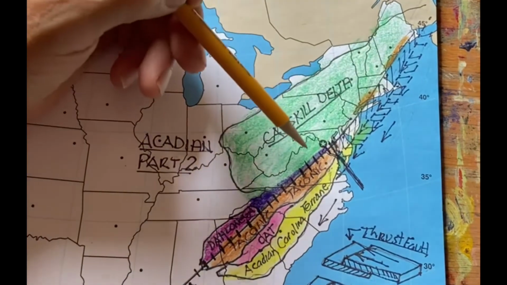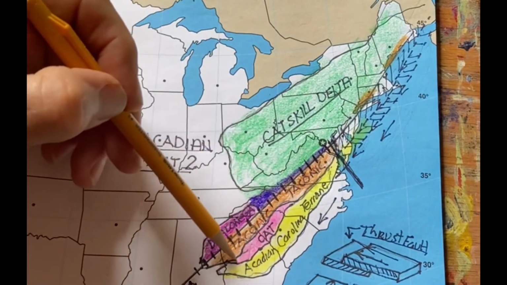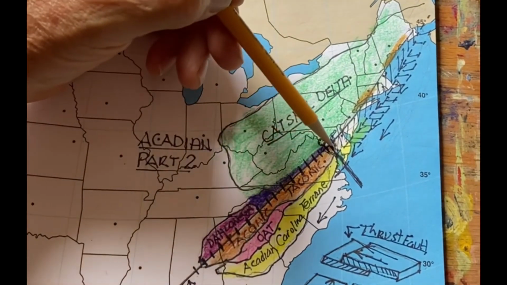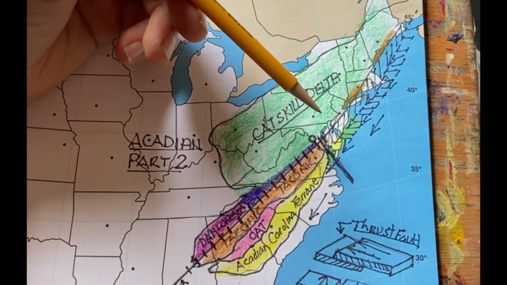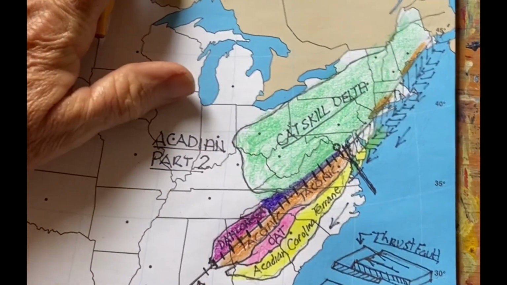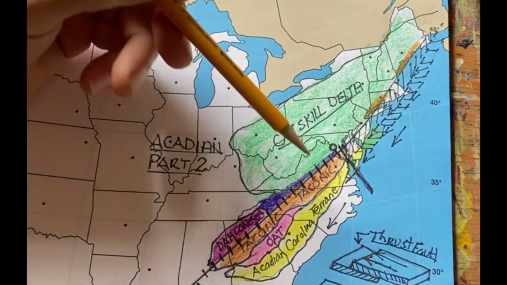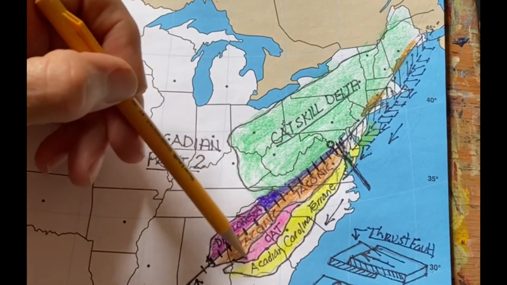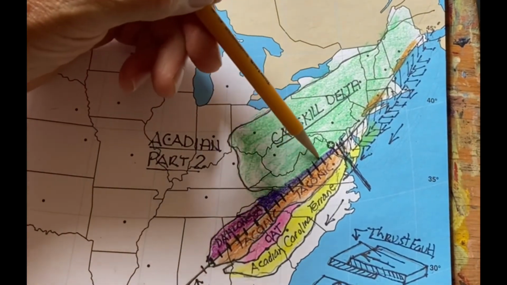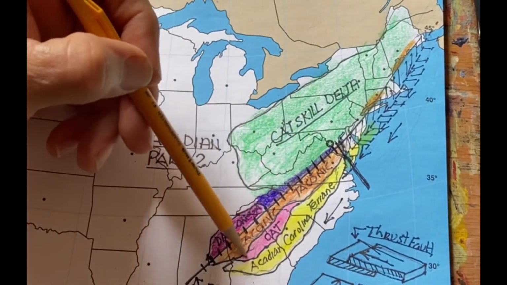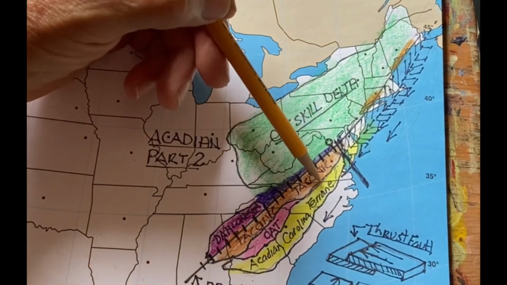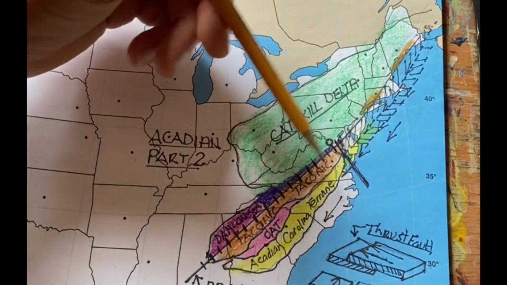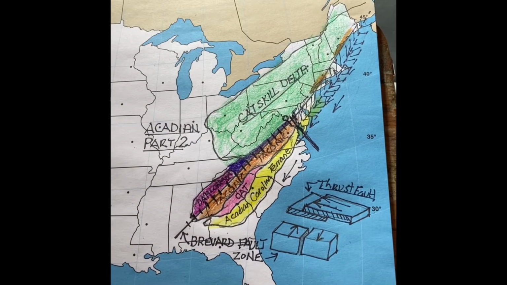But most of it did slide down here along this Brevard Fault Zone. And of course, we call all this material the Inner Piedmont terrain. It's all island arc material slid down from up here on the Brevard Fault Zone.